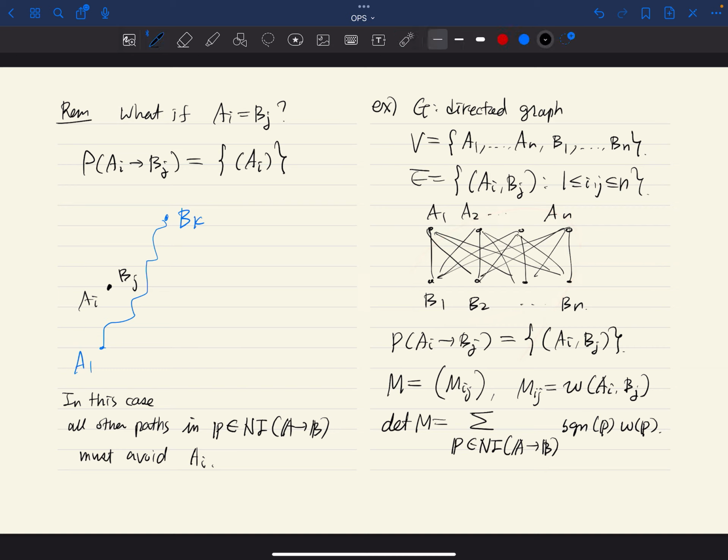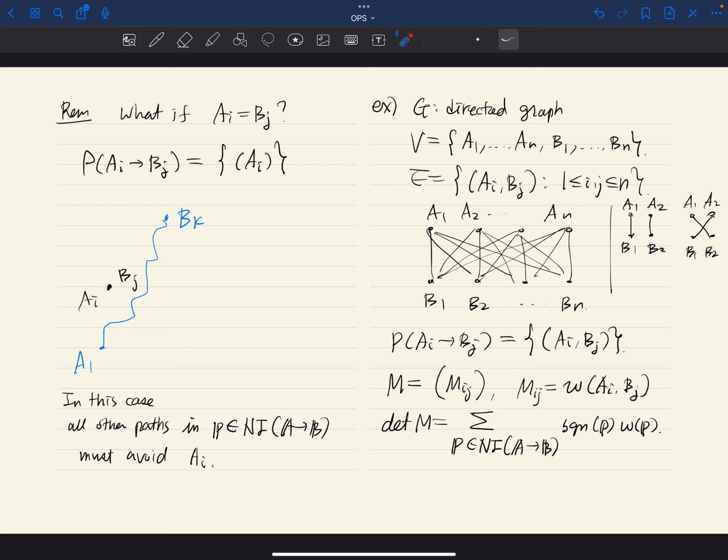For instance, let's just consider a simple example, maybe the n equals 2 case. We can go either this way or this way, right? This is non-intersecting. This is intersecting, right? Is this an intersecting path?